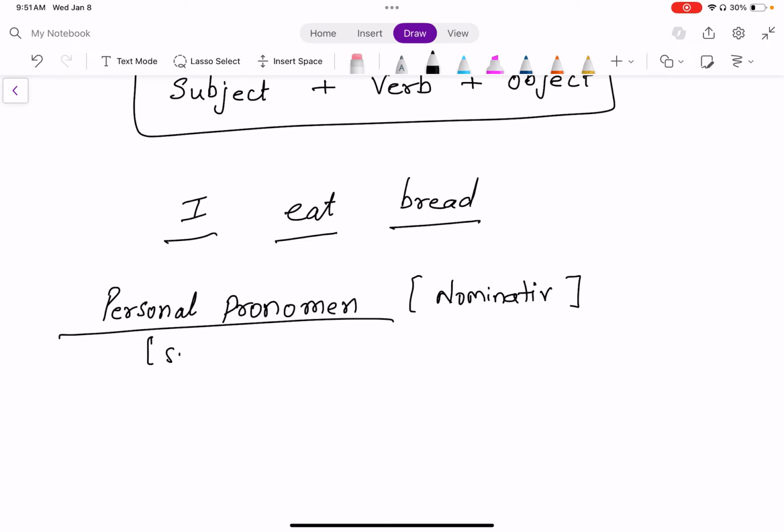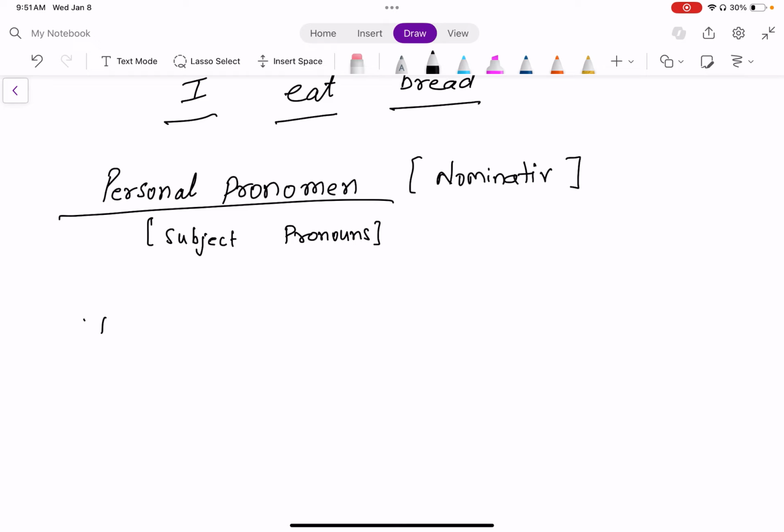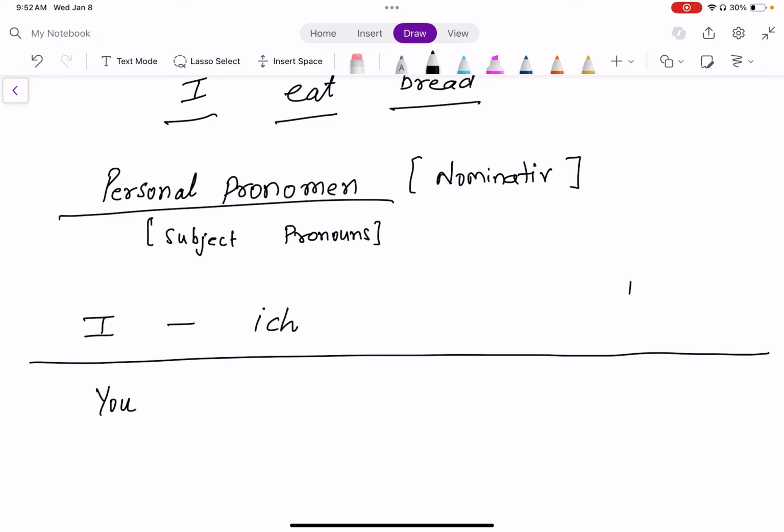You can say these are subject pronouns. In English, we have I, you. In German, it's ich. I'm drawing a line here. This is first person.